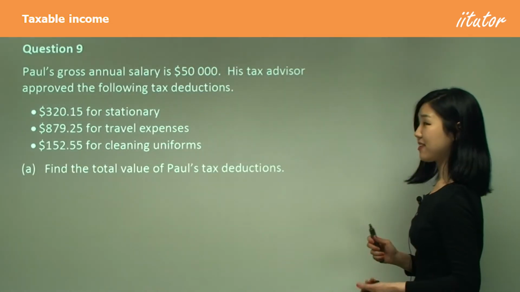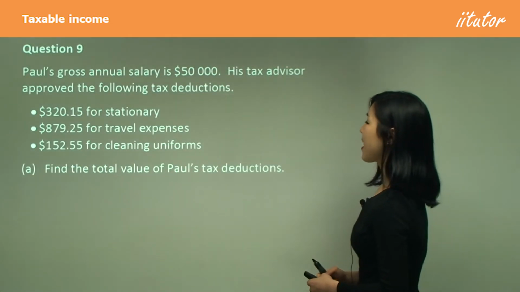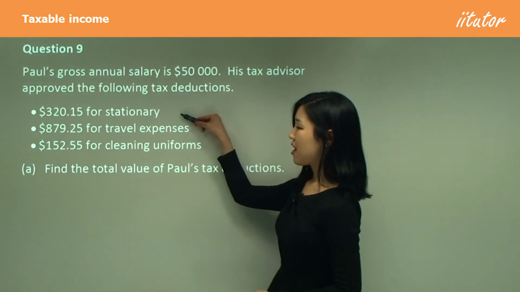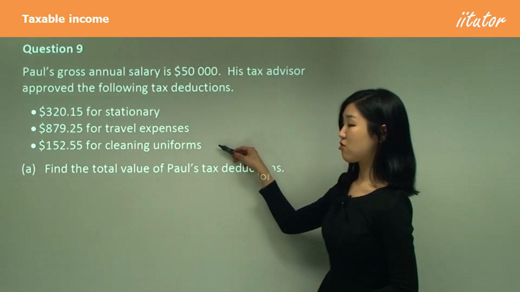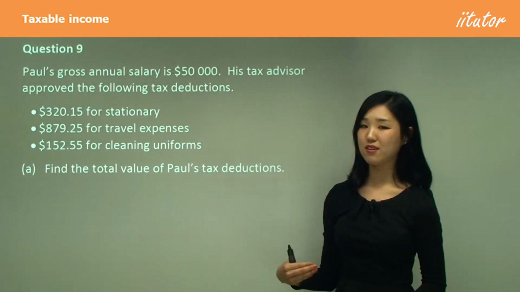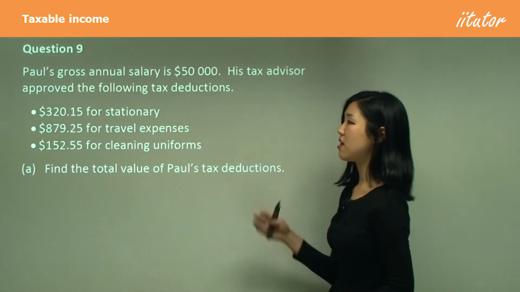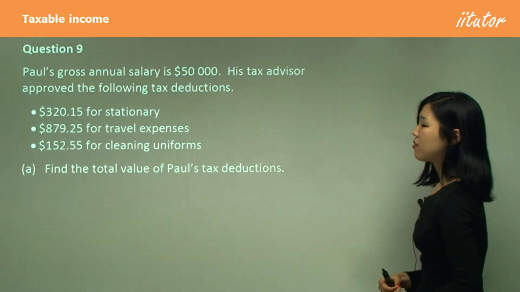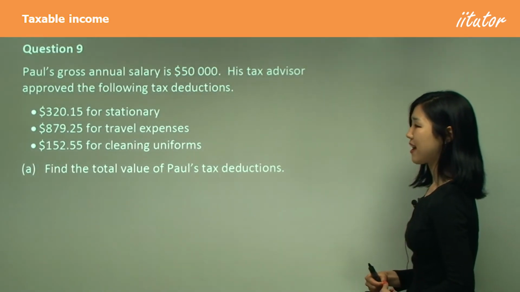Paul's gross annual salary is $50,000. His tax advisor approved the following tax deductions. This much for stationery, expenses, travel expenses, cleaning, uniforms. These are all little tax deductions that we need to make because those are purchases that Paul needs to make in order to perform his work. Find the total value of Paul's tax deductions.